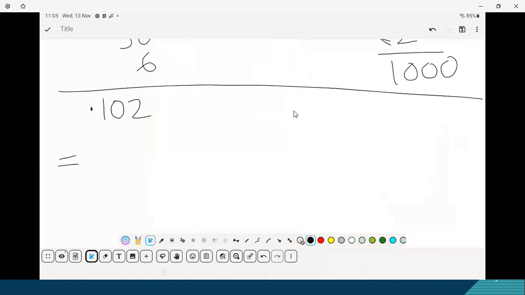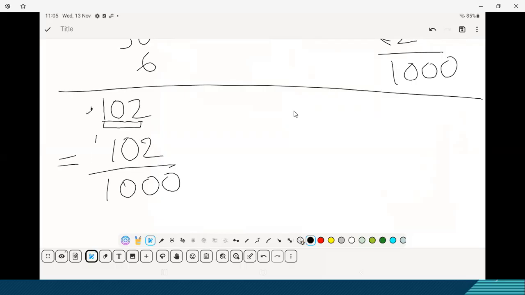So we will simply write the number first. This is the first thumb rule. We have to write the number. Then in the place of the decimal, we put 1 in the denominator, and for the numbers after the decimal, we write that many zeros. How many numbers are there? There are 3 numbers, 1, 0 and 2. So we will simply write 3 zeros.